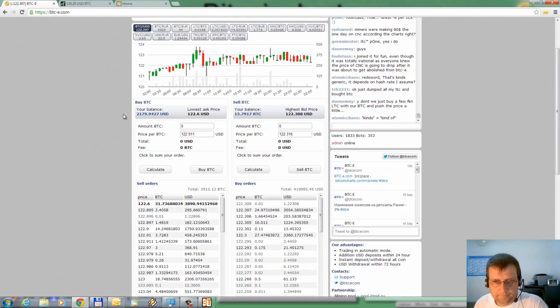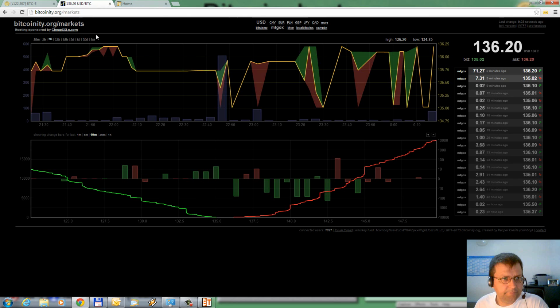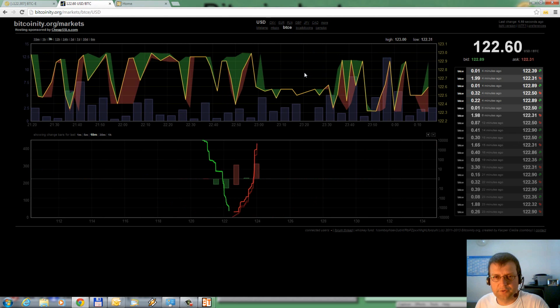I have some funds here. And let us check first the market in order to decide at what level we should put our asks and bids. Here we can see the price development of the last 3 hours at the BTCE USD market, and as you can see, these walls are about 300 bitcoins.